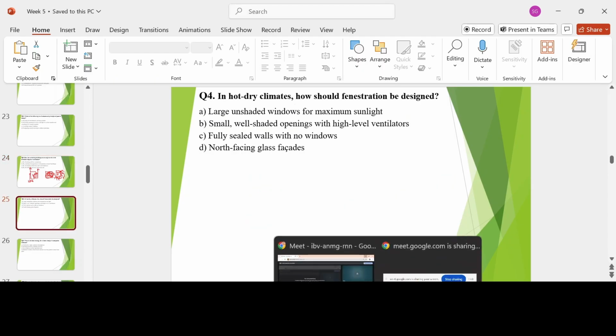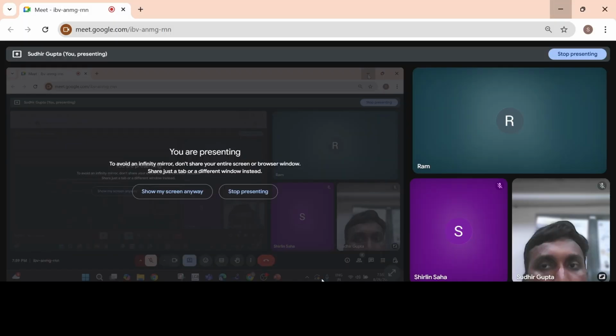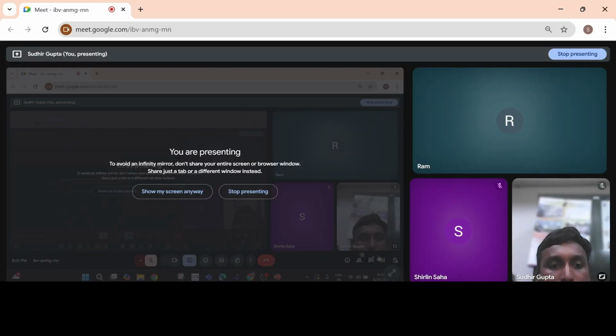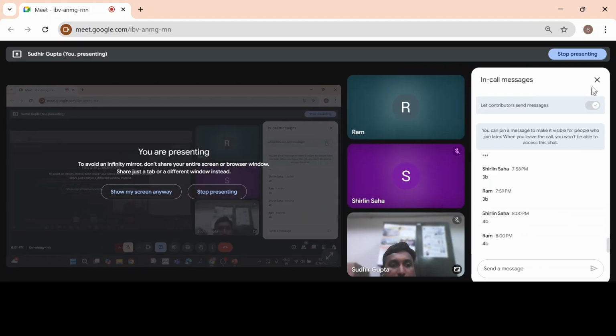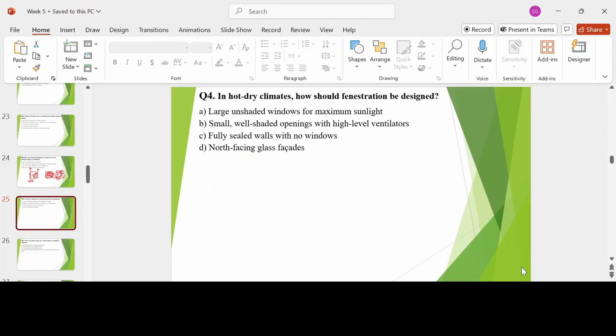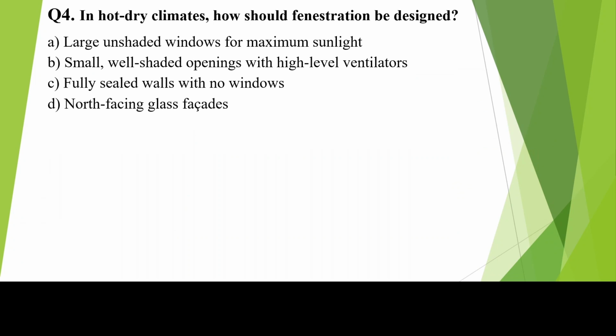So let me see how many of you have answered it. B. Out of the two options that were left, you are opting for B, and B is the correct answer. Small and well shaded openings with high level ventilators. These are the preferable passive strategies for how fenestration should be designed, because hot and dry climates require small windows to reduce the solar heat gain, and overhangs for shading as well.